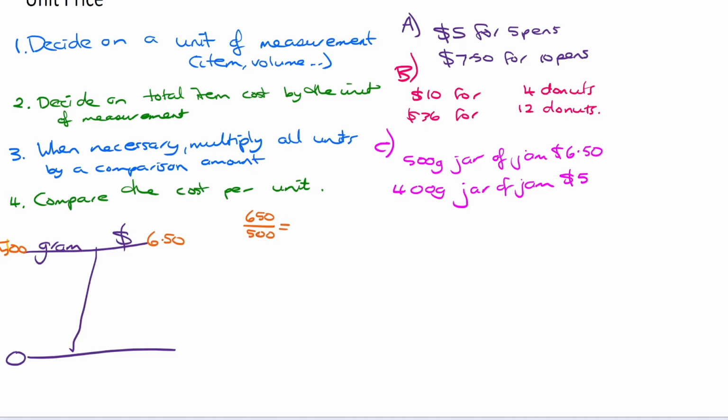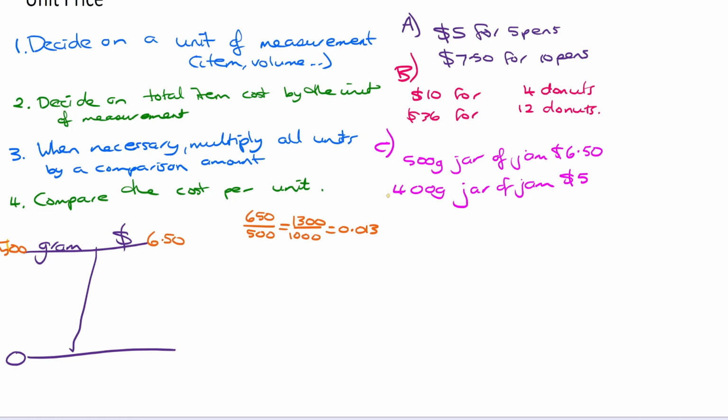I would actually say, well, looking at 500, if I doubled it, I would get 1,000. And if I double 6.50, I get 13.00. And that's when the decimal actually appears. And realistically, cents per gram is not a nice unit to calculate with.